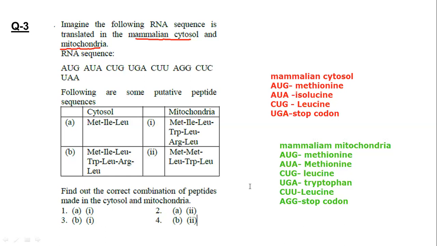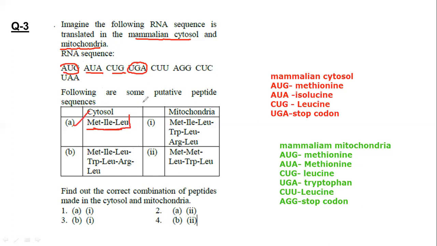Right? So now see the question. In cytosol, AUG is methionine, AUA is isoleucine, and CUG is leucine. But this will not be in cytosol because UGA is a stop codon there, so that protein will be cytosolic.